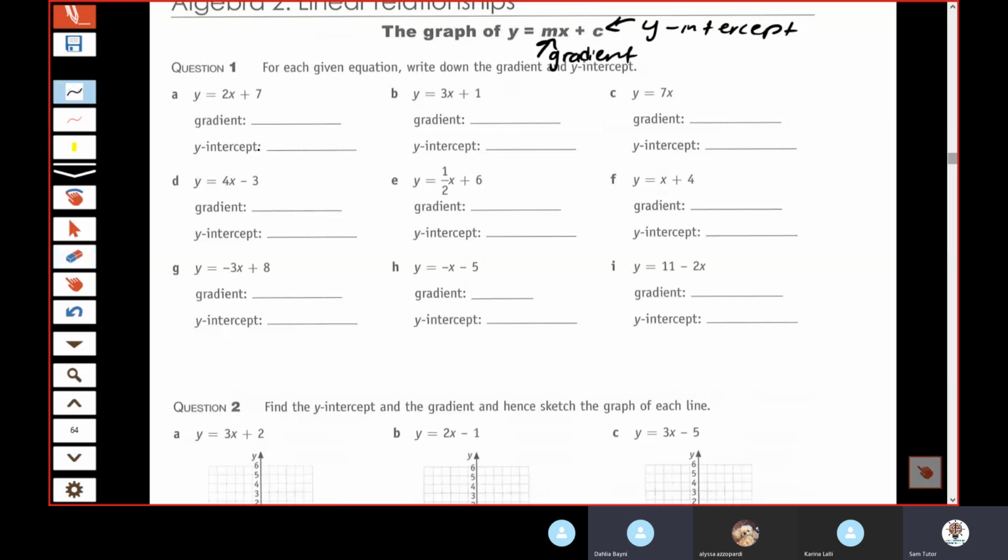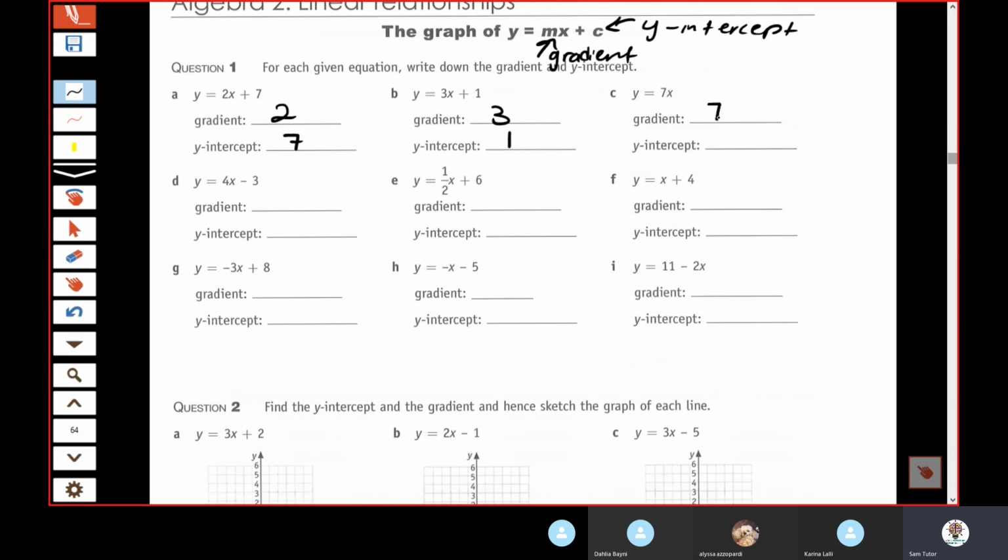Some examples. Correct. So the gradient is 2, the y-intercept is 7. Gradient is 3, y-intercept is 1, positive 1, so just 1.